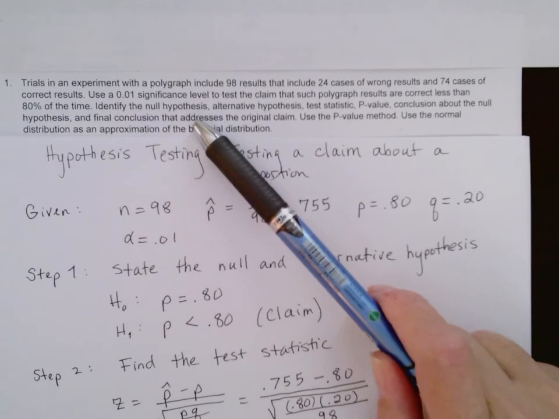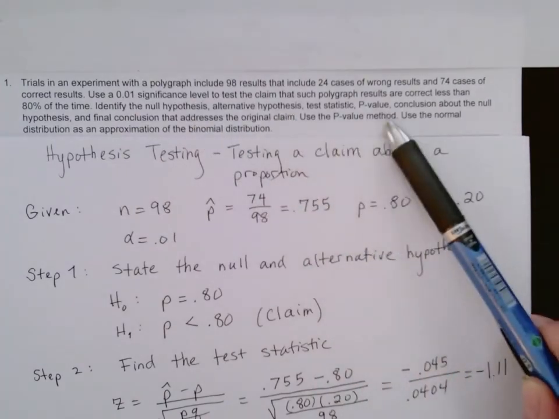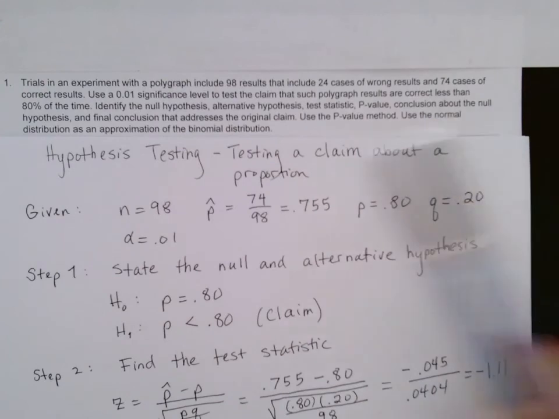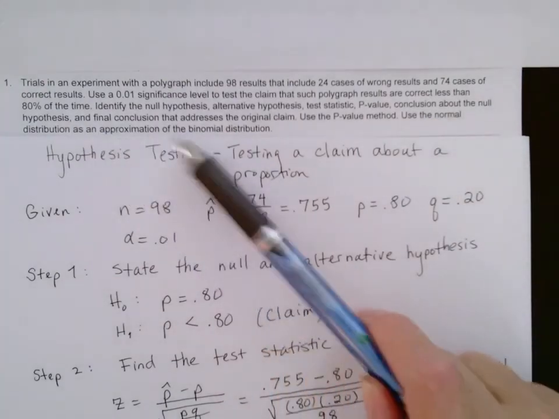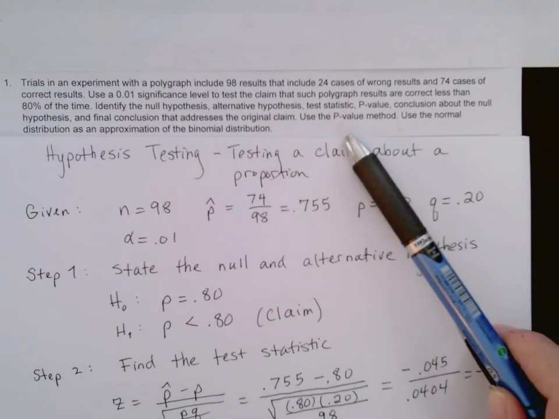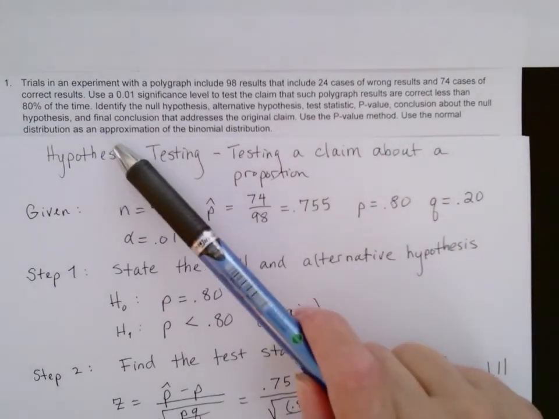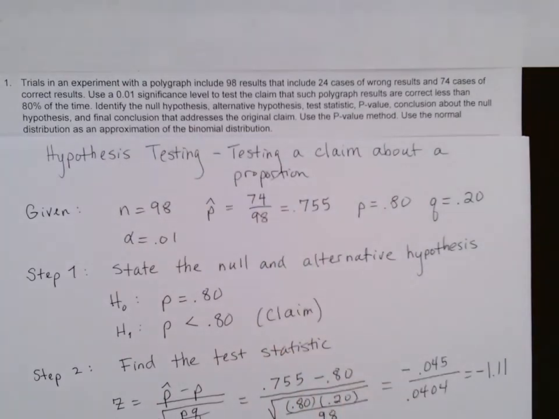Identify the null hypothesis, alternative hypothesis, test statistic, p-value, conclusion about the null hypothesis, and final conclusion that addresses the original claim. We're told to use the p-value method, and to use the normal distribution as an approximation of the binomial distribution.